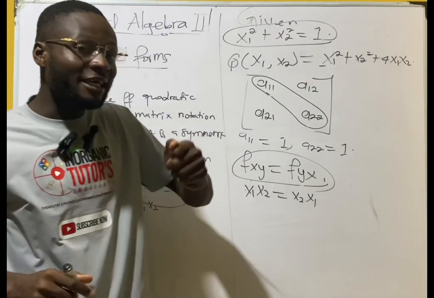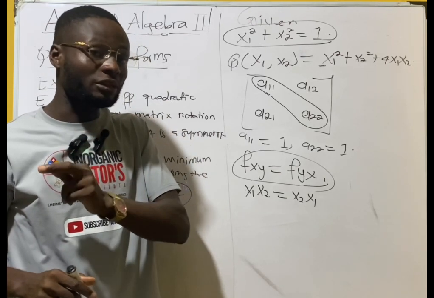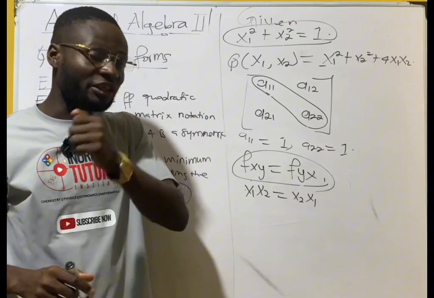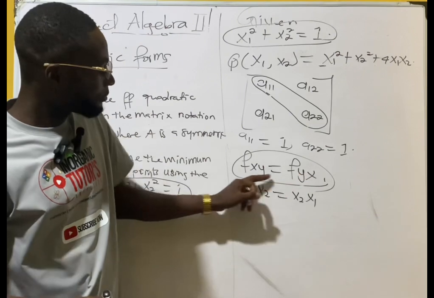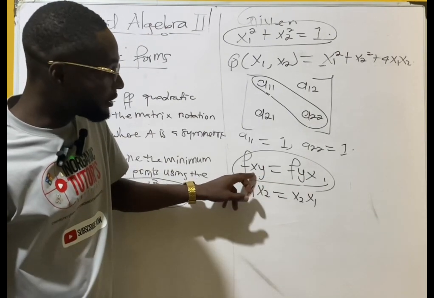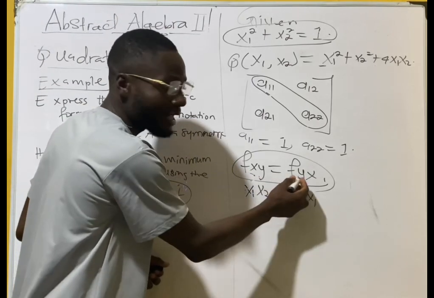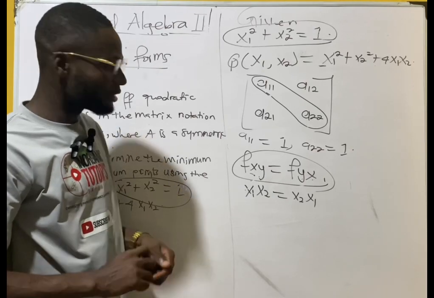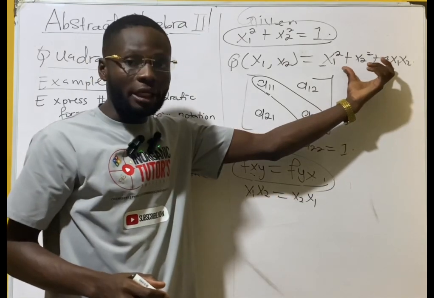So if the Hessian matrix is always symmetric, and the twice differential of the function, which is the mixed partial derivatives, are equal, then it means that fxy is equal to what? fyx. Are you getting the whole argument? So if that is true, then we can bring that on board here.